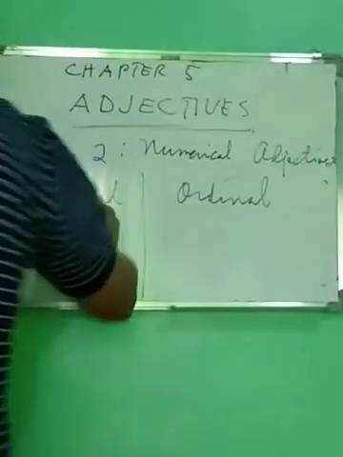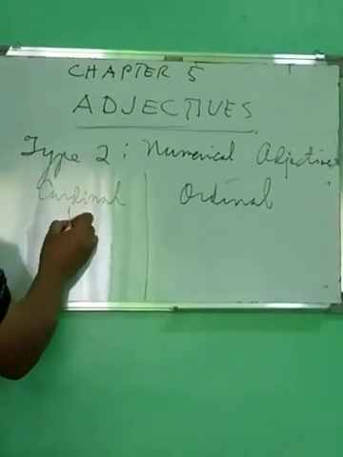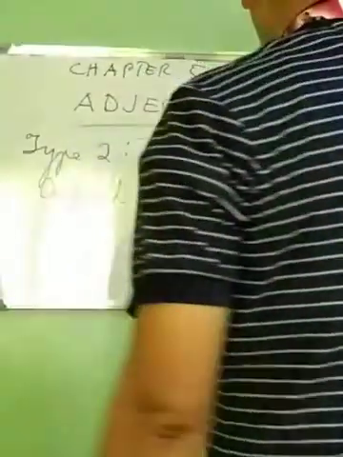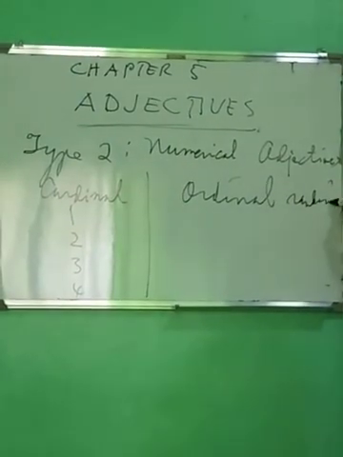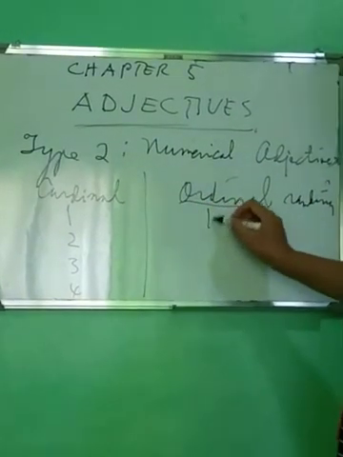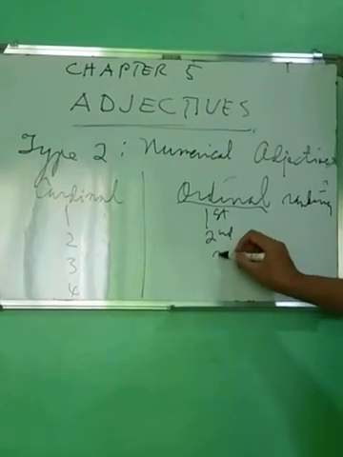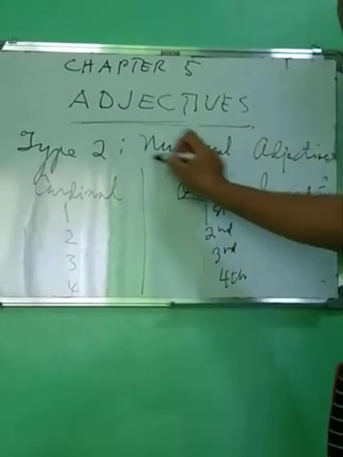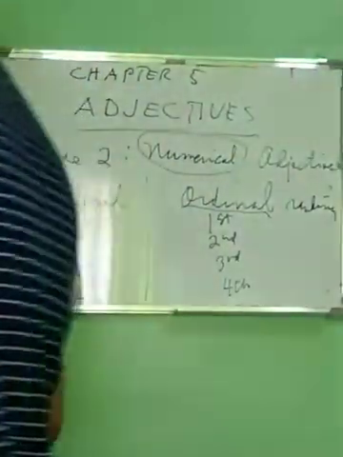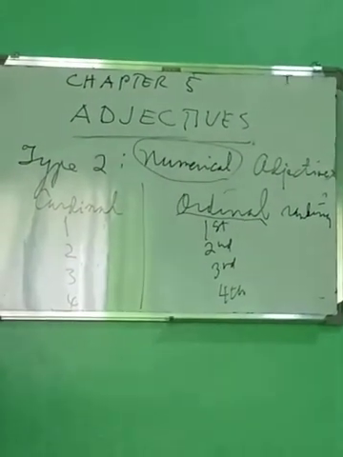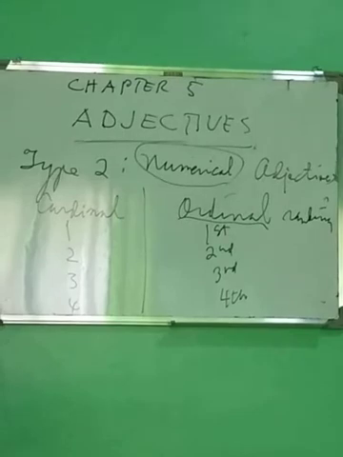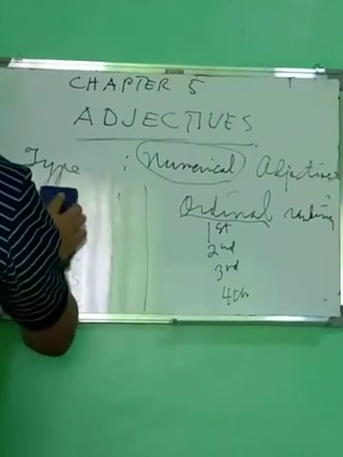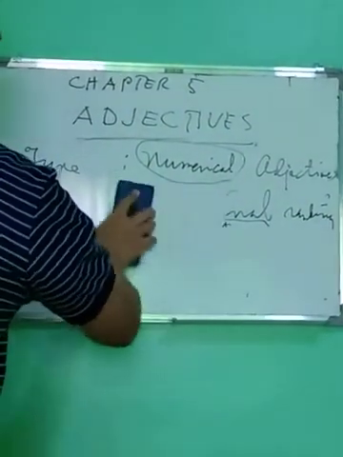When we talk about cardinal numbers, we talk about 1, 2, 3, 4, etc. Whereas ordinal numbers, or ordinal ranking, we talk about first, second, third, fourth. We will take note that these are all in numerical form, numbers. So this would also be taken as an adjective. Okay, the third type, which we will be discussing today, would be what?